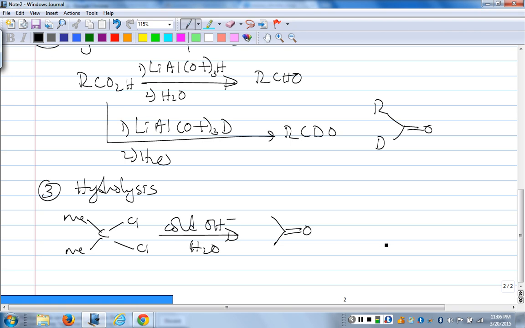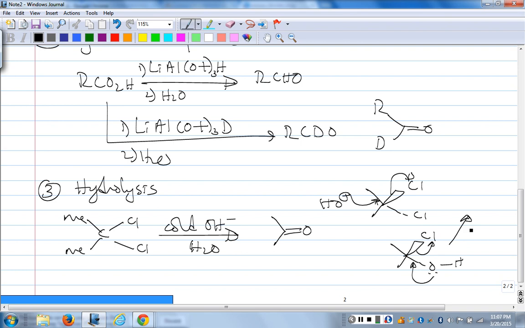As I pointed out during class, even though the gem diol idea is a useful way of looking at the reaction from a philosophical perspective, that is not, of course, how it happens. What you actually get is the hydroxide carrying out an SN2 reaction, and that generates this species, and you end up with a good leaving group, 2 bonds away from a source of electron density, and so you kick out the chloride.